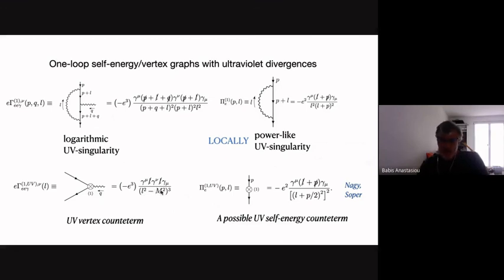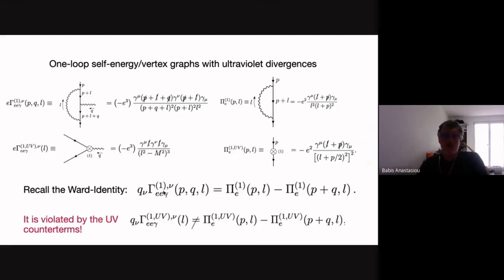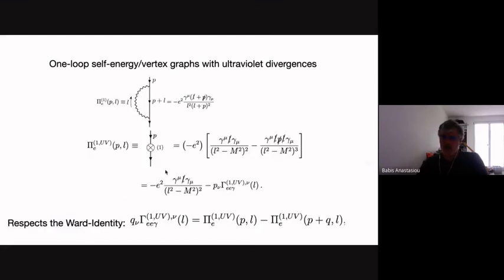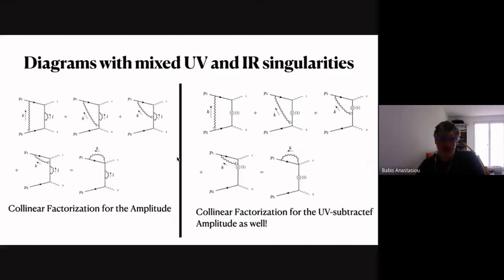However, you have regions where, sorry, I have to be a bit faster and I have a little bit more material. You have regions where you can have a UV divergence together with a collinear divergence. And for this type of graphs, you will be creating counterterms. Now, your counterterms have a chance, and this is what was happening before in the literature, to spoil Ward identities.